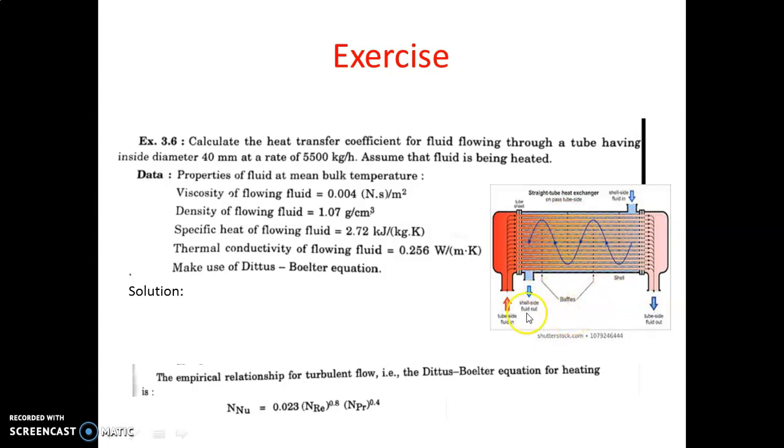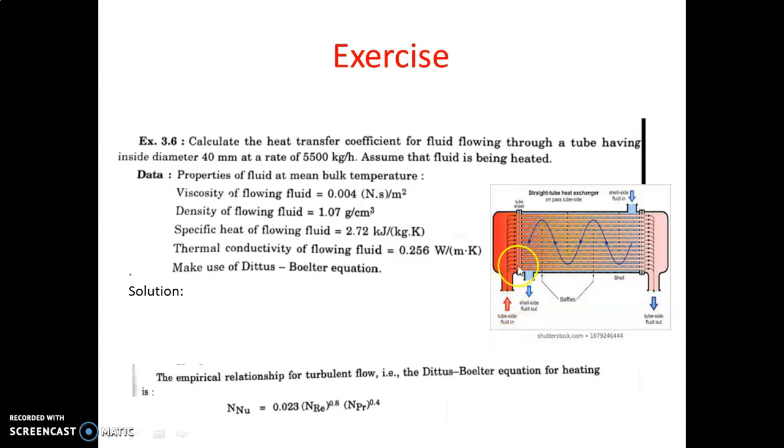So one fluid is passing through the inside of the tube. That fluid is called tube side fluid. And one fluid is passing through the outside of this tube. That is called a shell side fluid. For example, here this red color shows the tube side fluid passing in the heat exchanger.